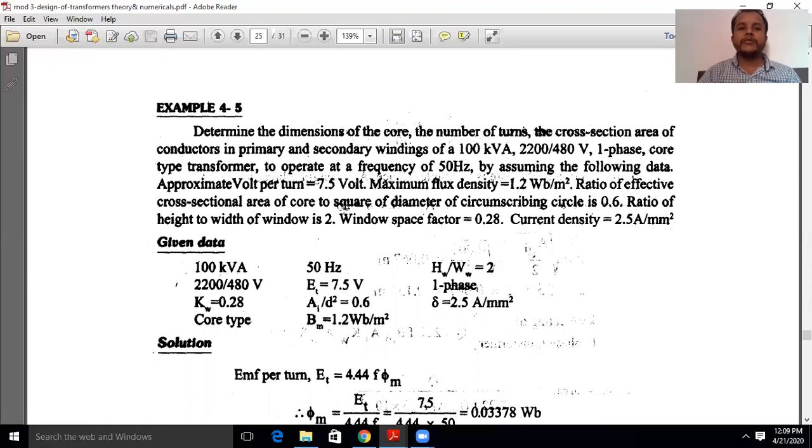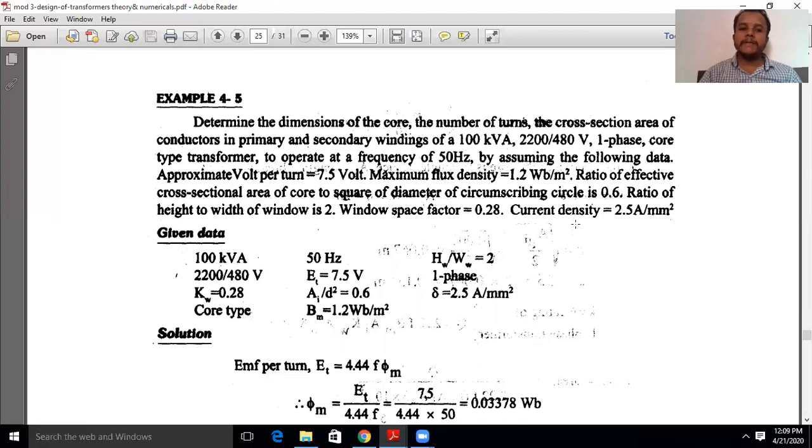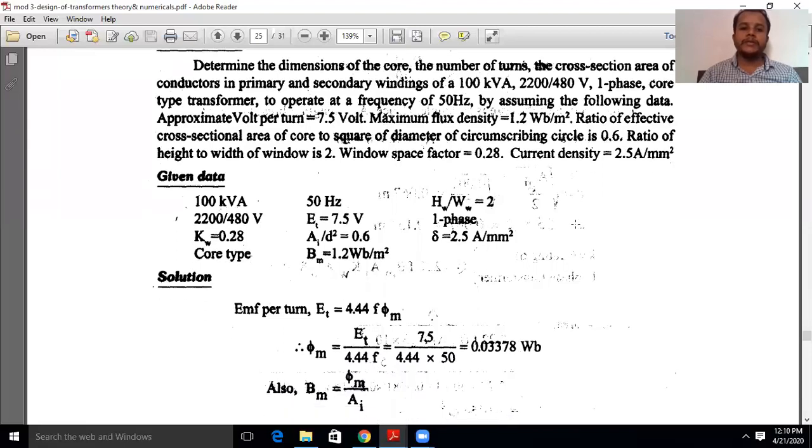Then the ratio of height to width of window, Hw divided by Ww, is equal to 2. Then the window space factor is 0.28. Then the current density delta is 2.5 ampere per millimeter square. So this is the given data.